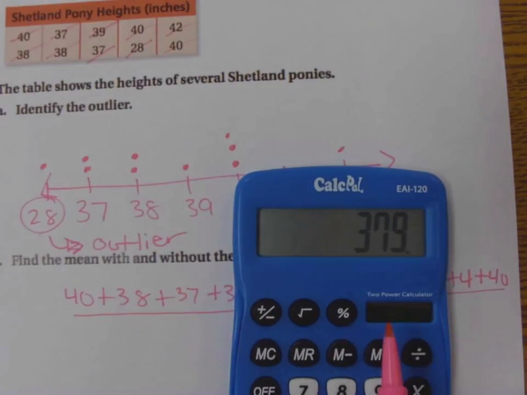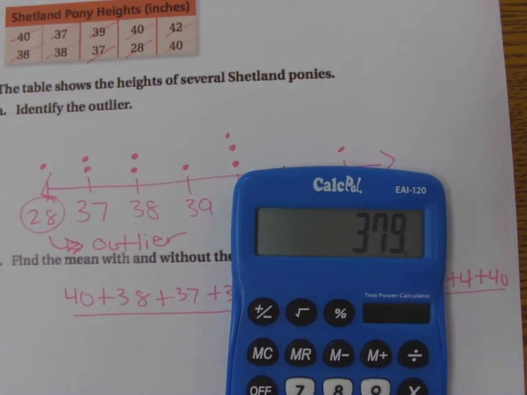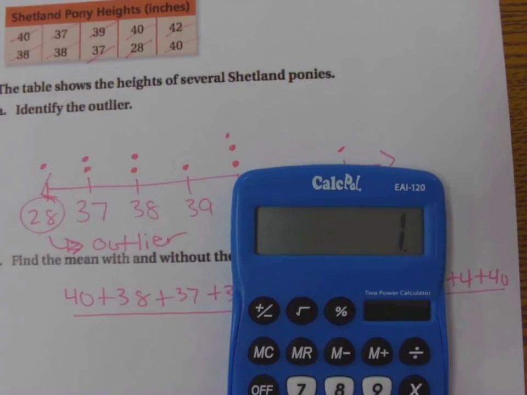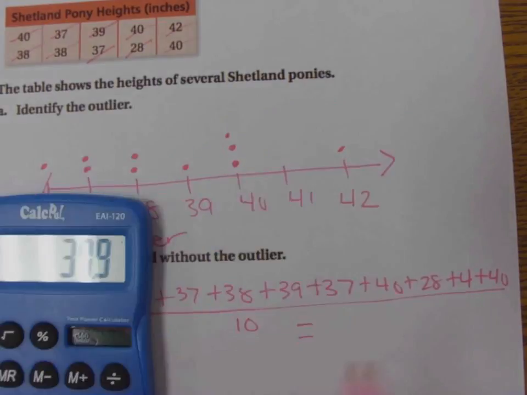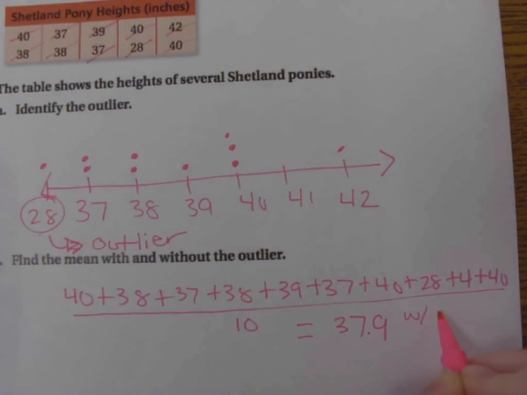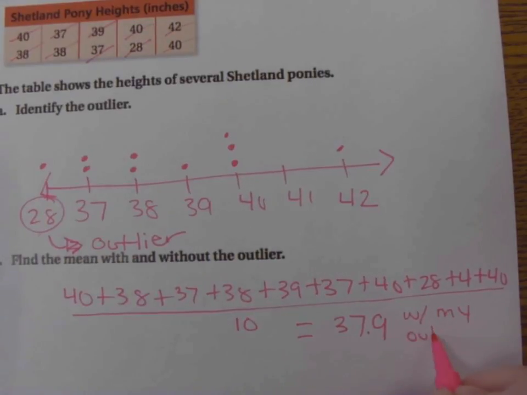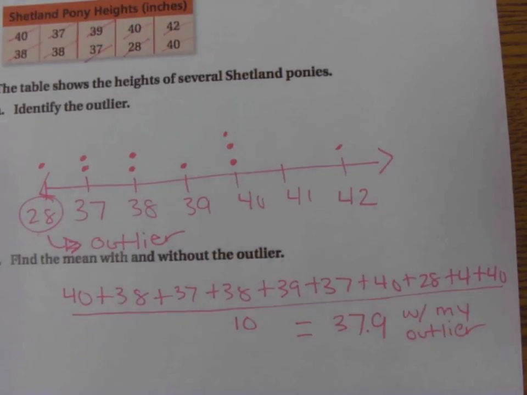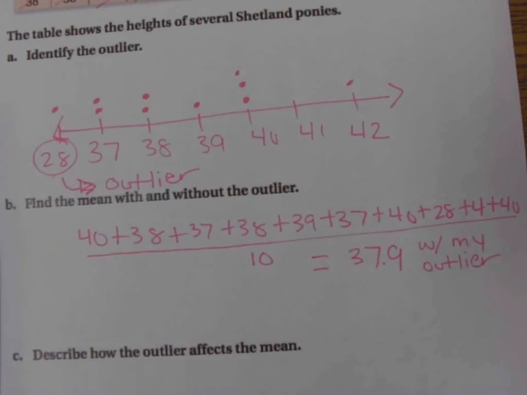This is my sum, 379. I'm going to divide by how many data values I had, which was 10, and I get 37.9. So this is my mean with my outlier, 37.9.